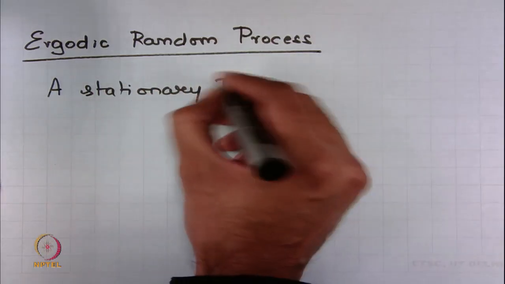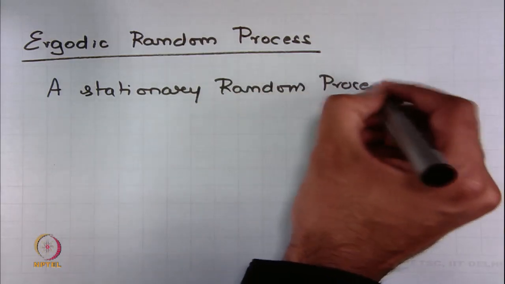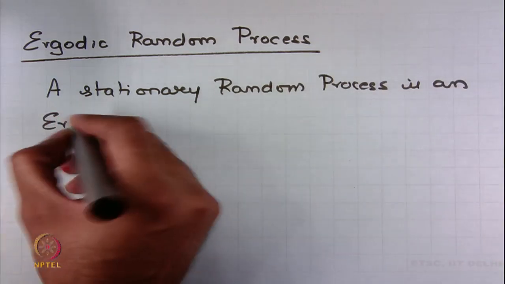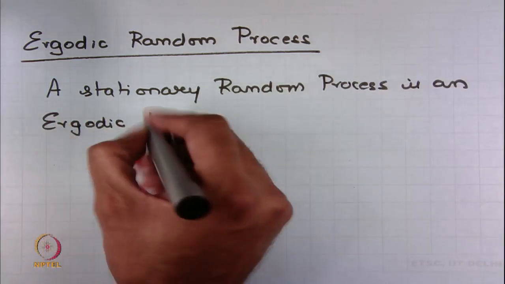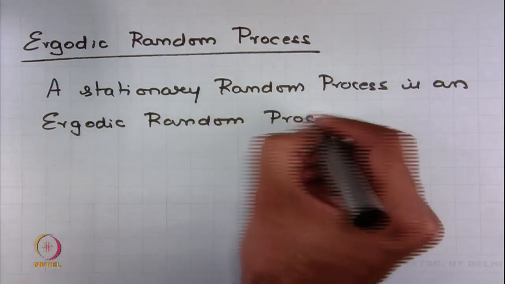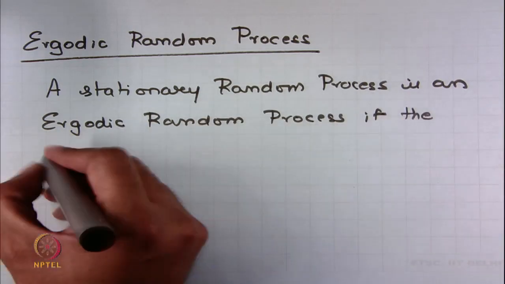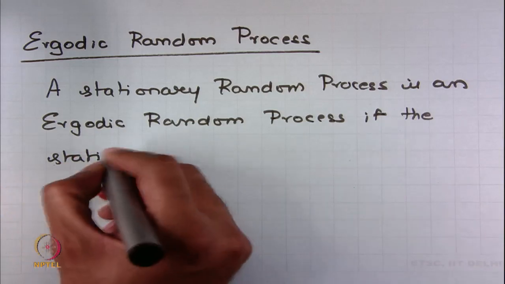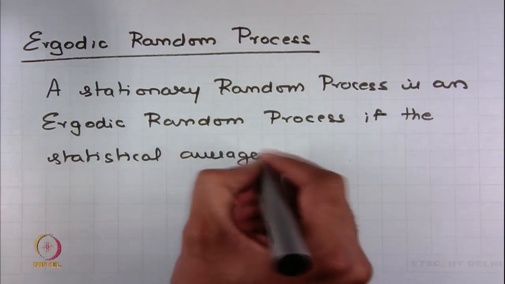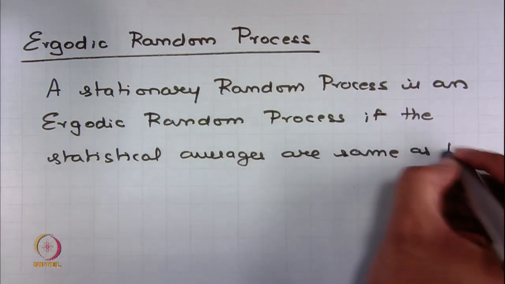A stationary random process is an ergodic random process if the statistical averages are same as the time averages.